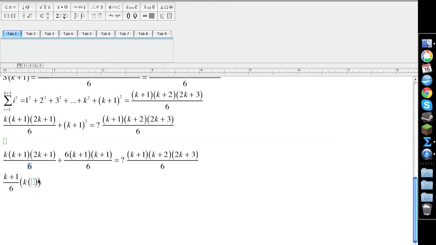So that's 2k plus 1. And what I have here is this goes away and this goes away. So what I have is 6 times k plus 1, which is supposed to be equal to this. But here I can also factorize k plus 1 divided by 6 outside. And then this disappears, and the fraction disappears.